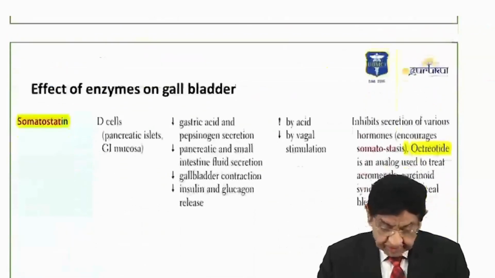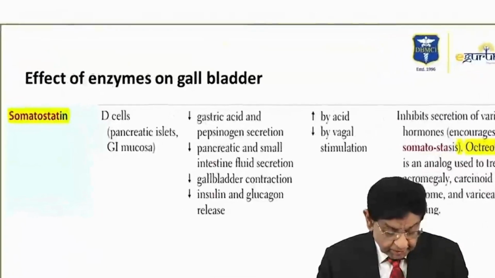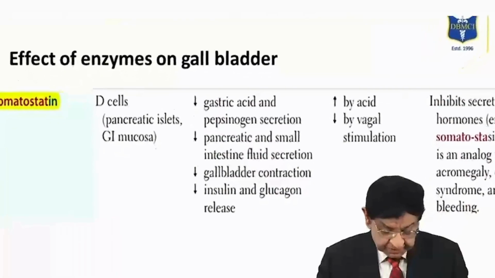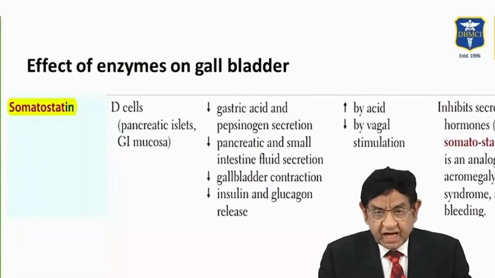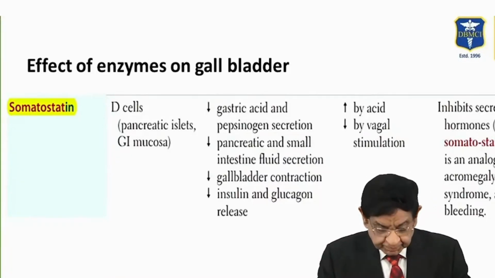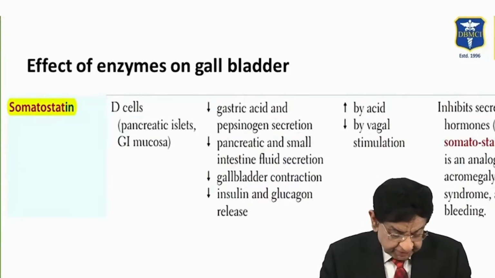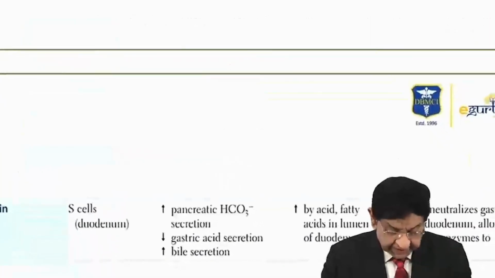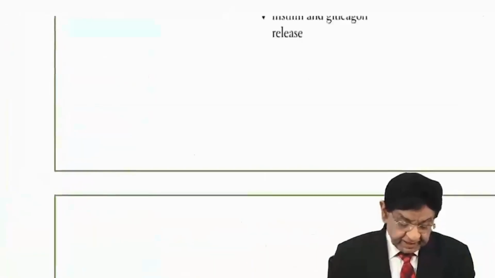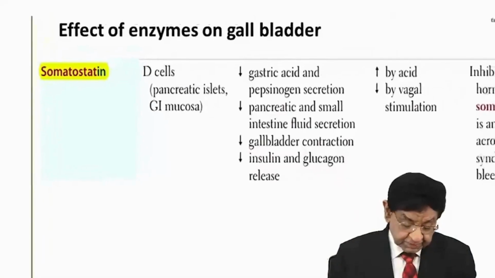With this background, we talk more about the enzymes. What are the enzymes which are involved in the gallbladder? We have somatostatin, we have cholecystokinin, and we have secretin. These we have studied earlier also.